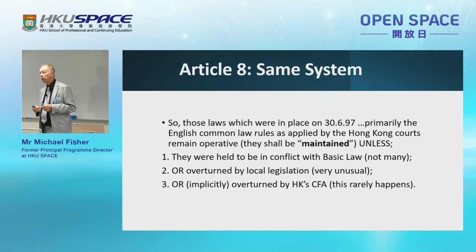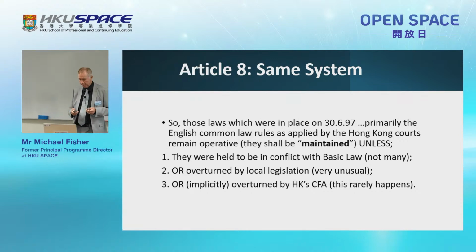For example, when Hong Kong introduced a Bill of Rights, it was said that it would have a special status over other laws. This was held to be contrary to the Basic Law because the only law with a special status is the Basic Law itself. But aside from that, and a few others, most of the previous laws remained.